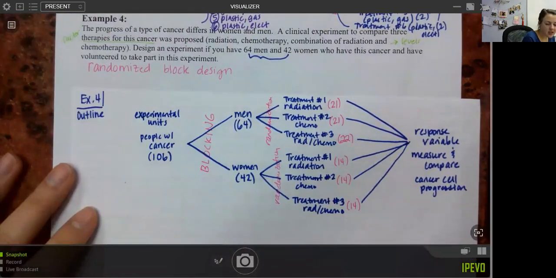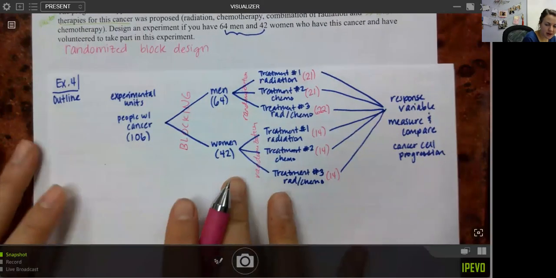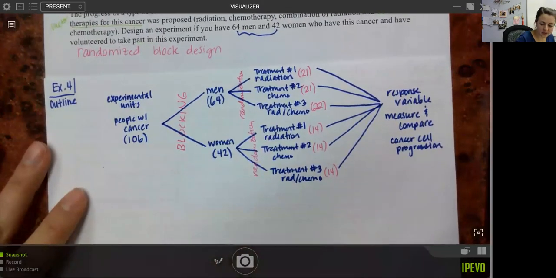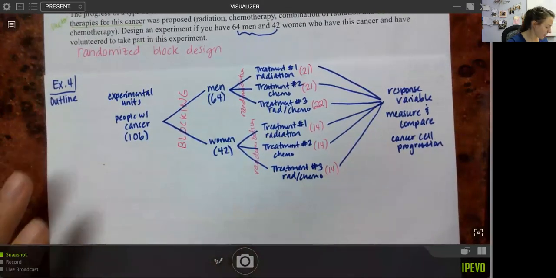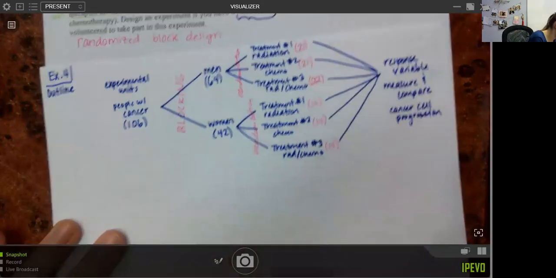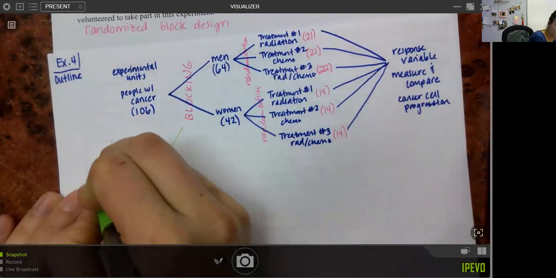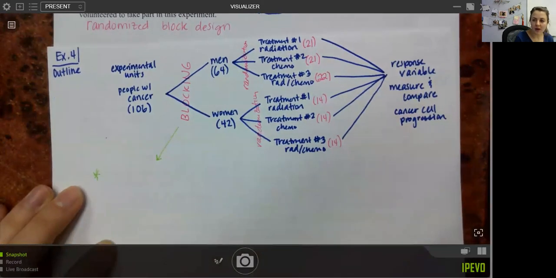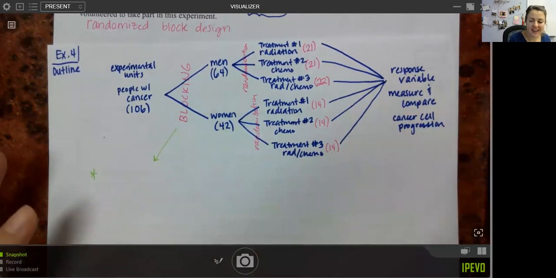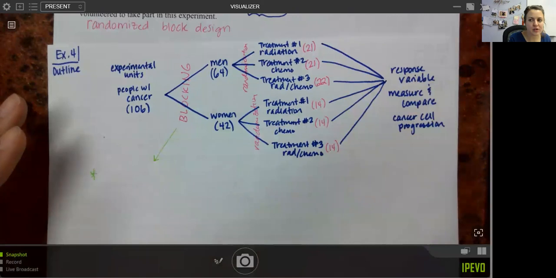Okay, talking about the blocking, we don't have to write this on every single write-up, but I have a really special note that I would like you to make about blocking and its importance. Okay, what is blocking? Well, just like I've mentioned before, this kind of design is similar to stratified random sampling.